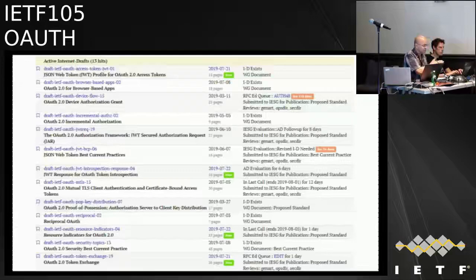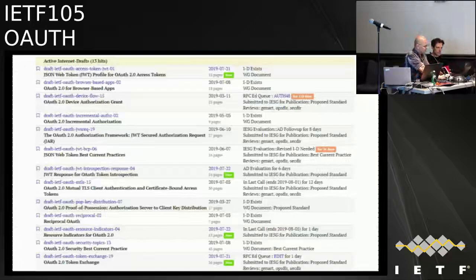Vittorio will talk about this on Friday. The browser-based app, we'll discuss this too on Friday. Device flow, I think it's in the editor queue, and there are some editorial changes, so hopefully it will be done soon. I don't think there is anything blocking there.